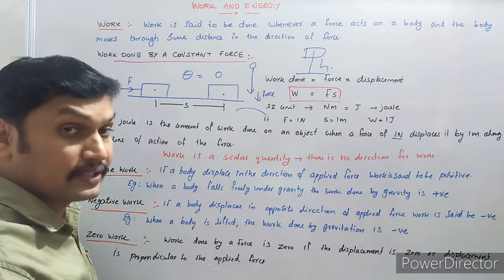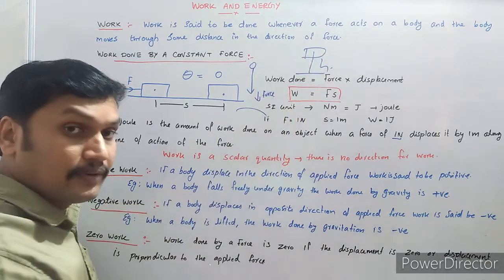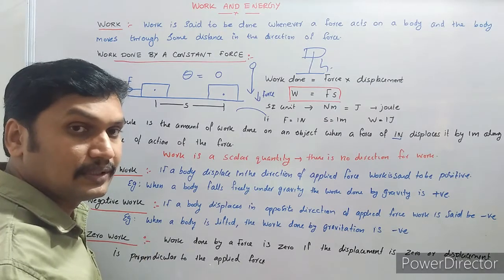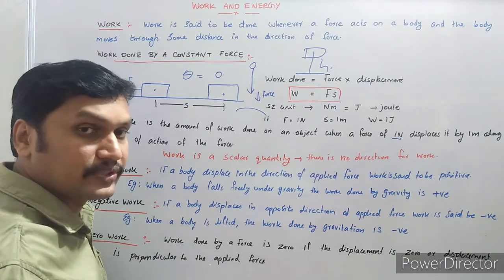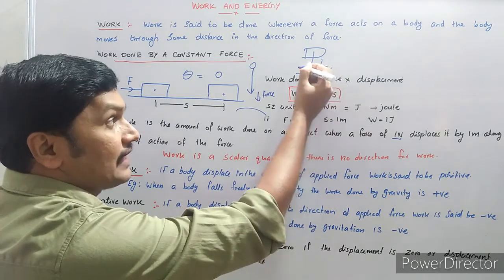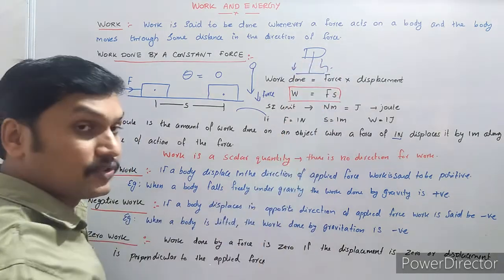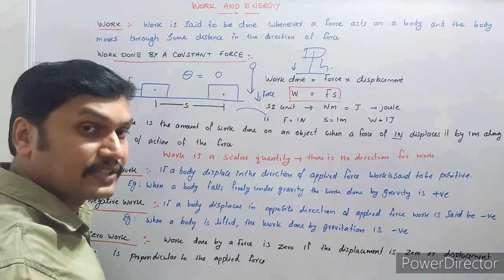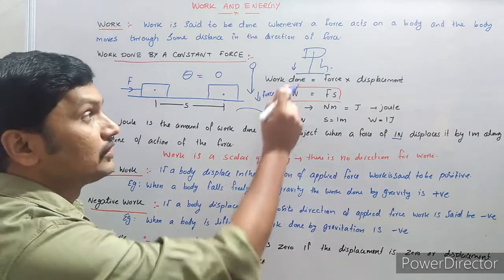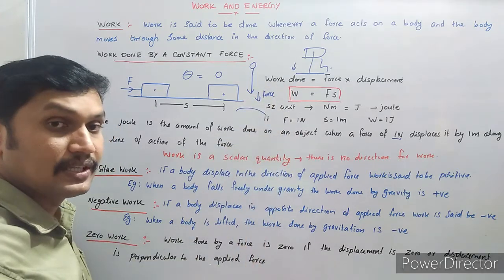In order to lift this object, we have to apply some force and do some work. But gravitational force is acting in the opposite direction of that force. So we can say the work done by the applied force is positive, but the work done by the gravitational force is negative.